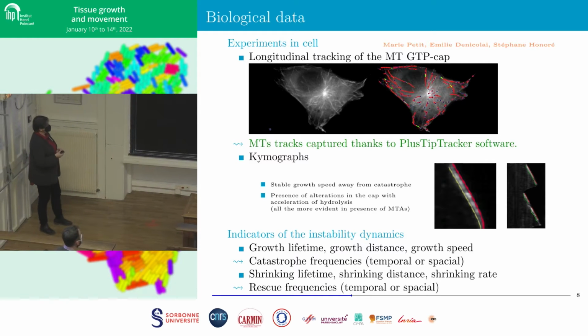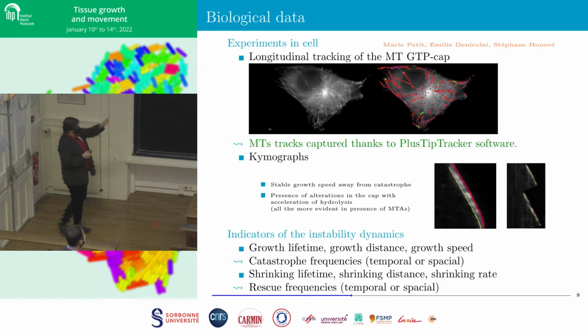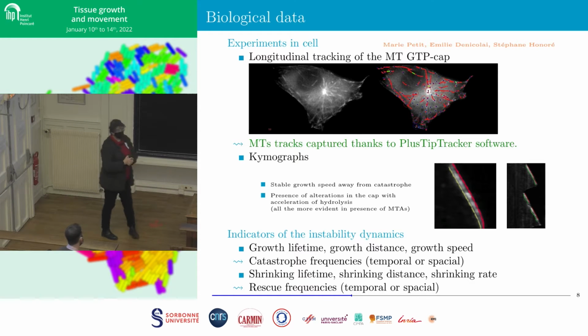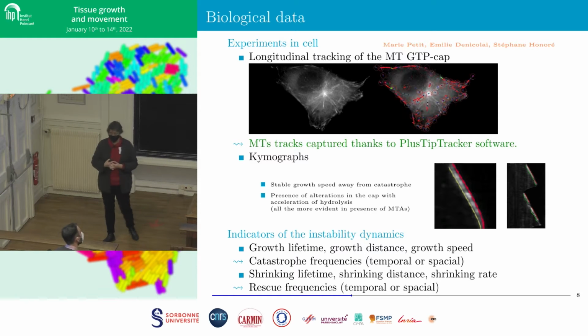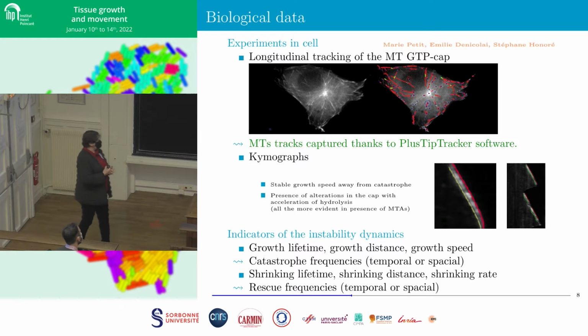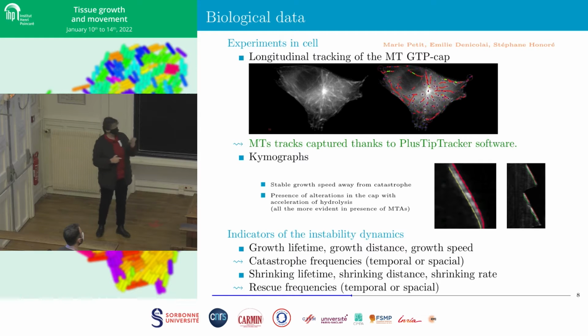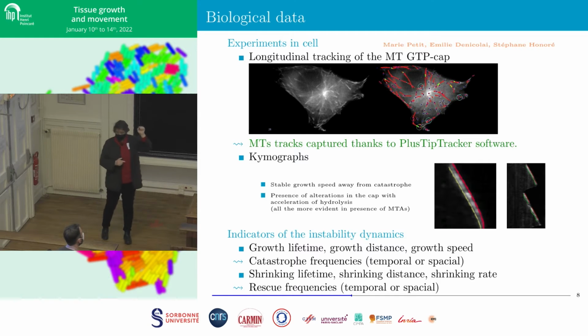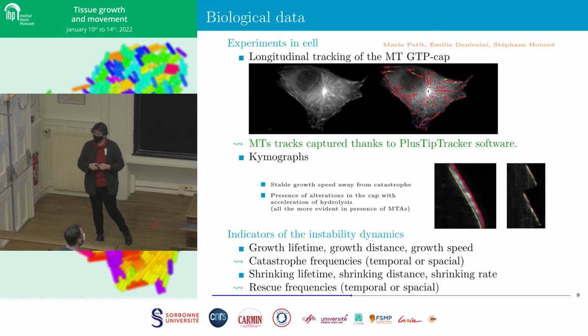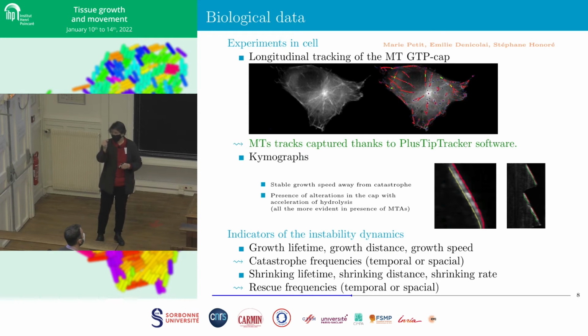instability dynamics. So in fact, here I also show you what is called a chemograph. In a chemograph, if you look at the vertical, you have the time. And each line of the image corresponds to the evolution of a microtubule. You see in white the microtubule cap.